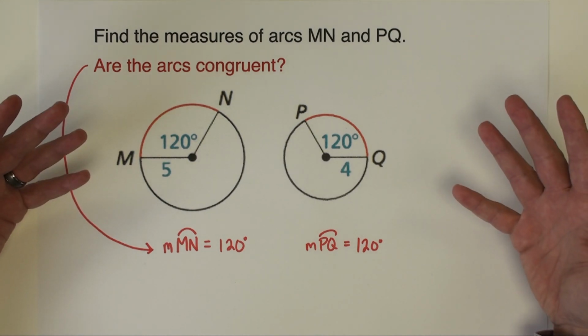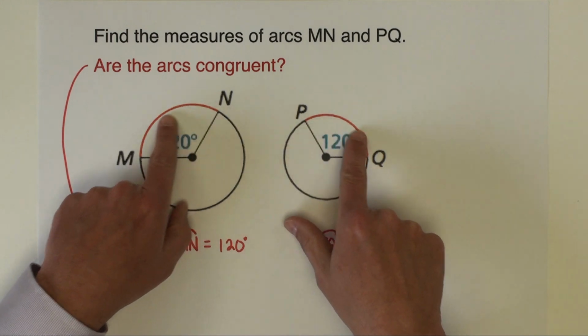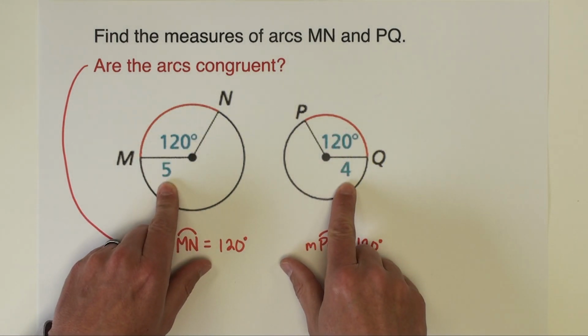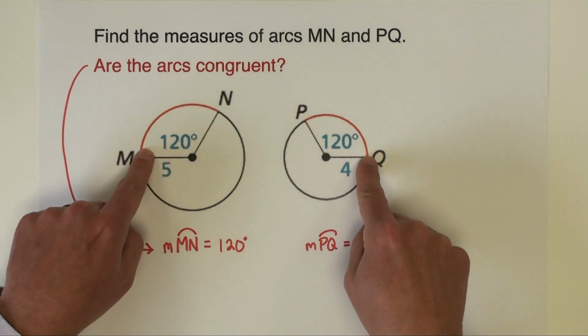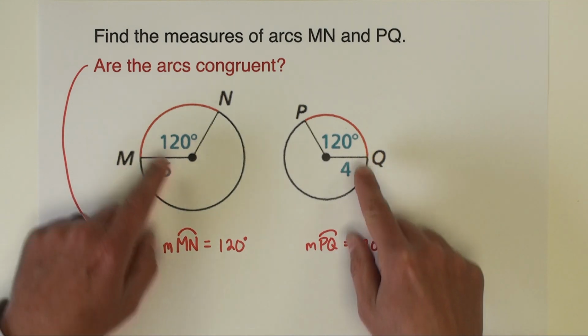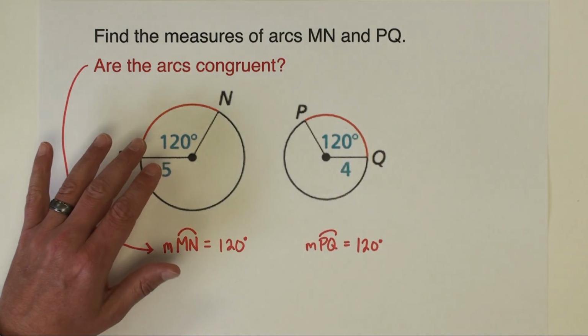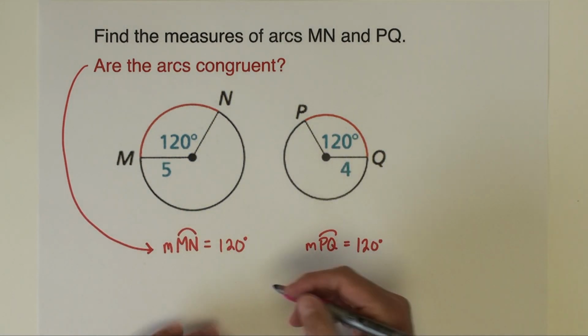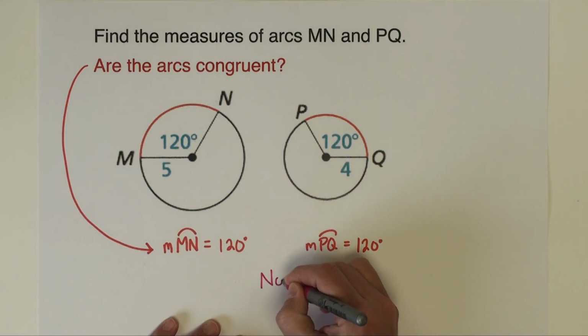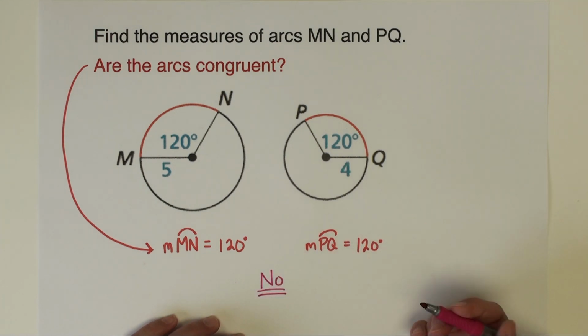In this case, the answer would be no, because these two arcs are coming from different sized circles. Therefore, the lengths of these arcs would not be the same, despite having the same measurement in degrees. So are these two arcs congruent? Despite having the same measurement in degrees, the answer is, in fact, no.